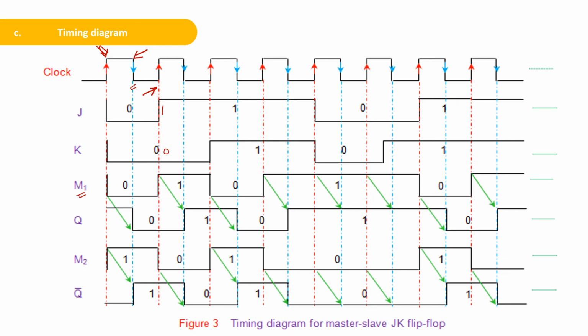The master flip-flop will set. So this becomes 1. Now when the next negative edge comes, this master output will be transferred to the slave output. That is your final output. So this is happening in the master slave JK flip-flop.